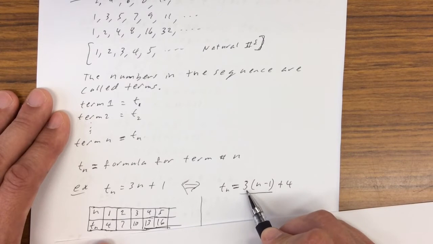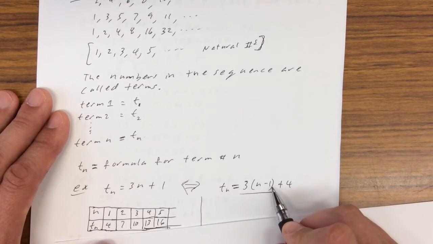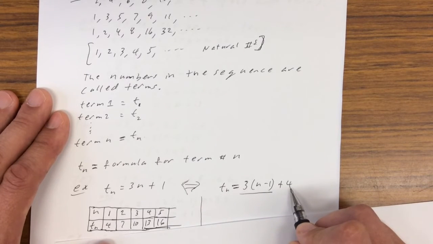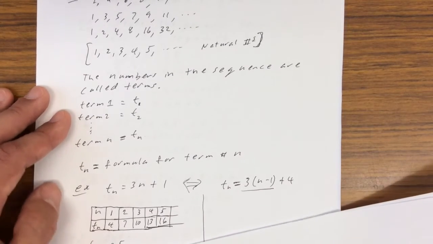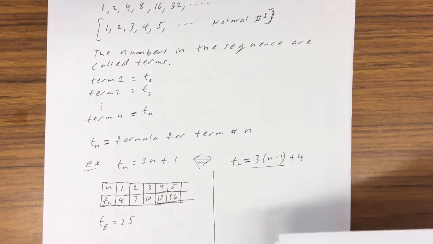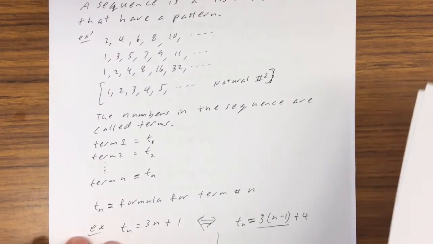So this is how you go up by 3 here. And when it's written in this form, instead of n, it's n minus 1. This tells you what the first value of the sequence is, t1. Hopefully you can see that. If you had to calculate t8, it would be 25. So let's look at now what an arithmetic sequence is.